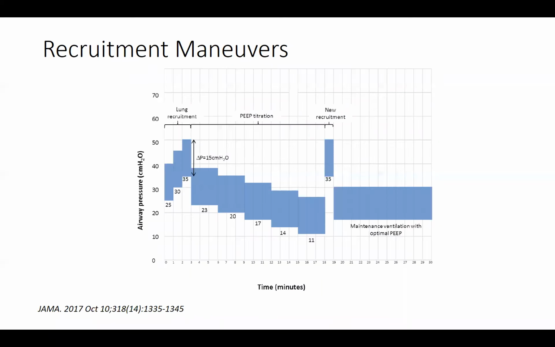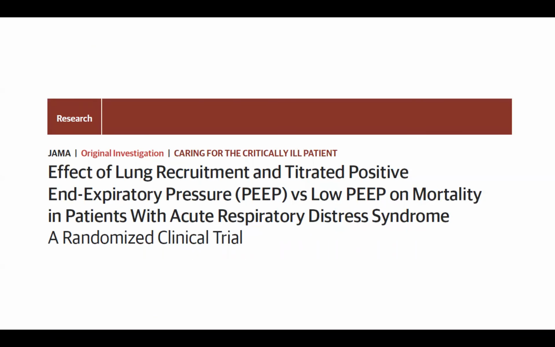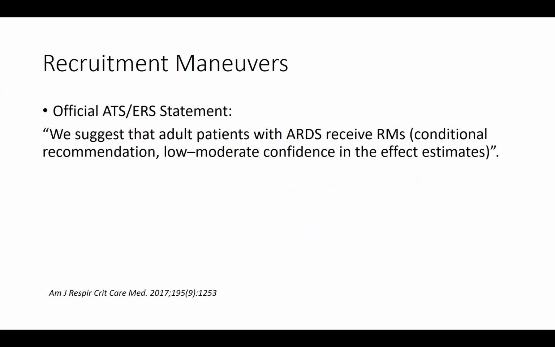So this recommendation here says conditional recommendation, low to moderate confidence and effect estimate. There is really no robust data showing that recruitment maneuvers improve outcome. They do improve oxygenation. You see it directly. You do a recruitment maneuver, oxygenation improves, and once you're done with the maneuver, the oxygenation is good, and then it gradually declines. That's just a direct effect.